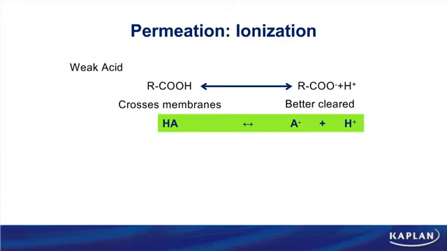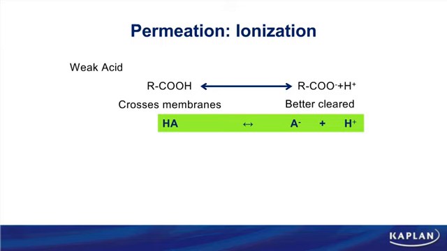So the H, of course, stands for the hydrogen, and the A could be your acid drug. So HA would be an acid drug with a hydrogen attached to it. Notice that form has no charge. That is your non-ionized form. And on the right, instead of writing a carboxyl group with a negative charge, how about just thinking of it as an A-, an acid drug with a negative charge, and the hydrogen has been removed.